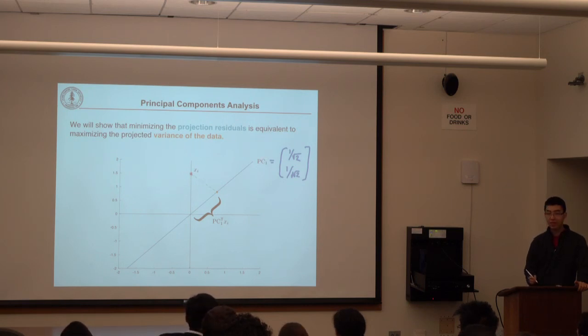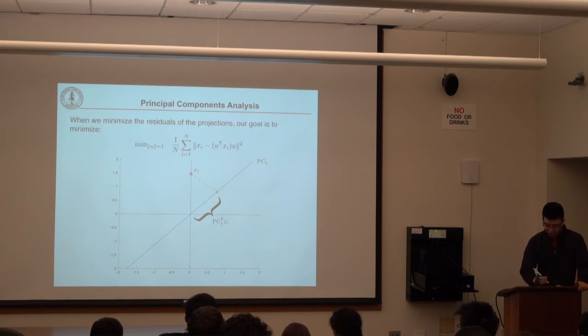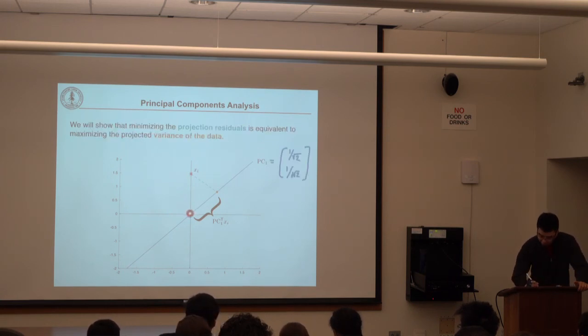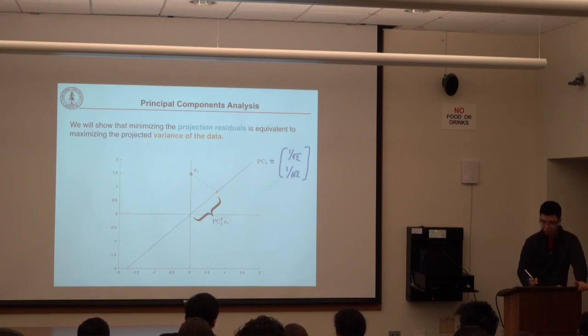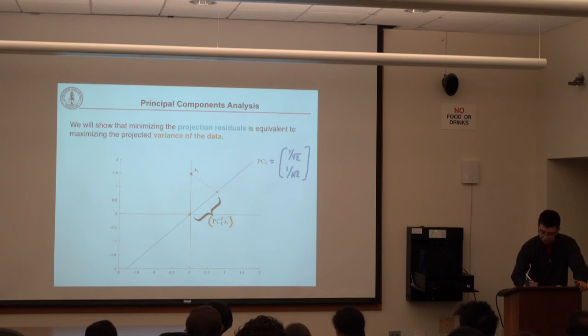All right? And so if I wanted to know what this actual vector here is, that points from the origin and goes to this orange point, if I want to know what the orange point's 2D coordinates were in space, then that would equal PC1 transpose times x1. That's the length of this from 0 to the orange point. And then I would multiply it by PC1.